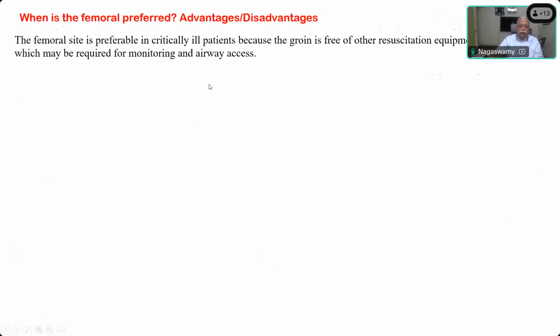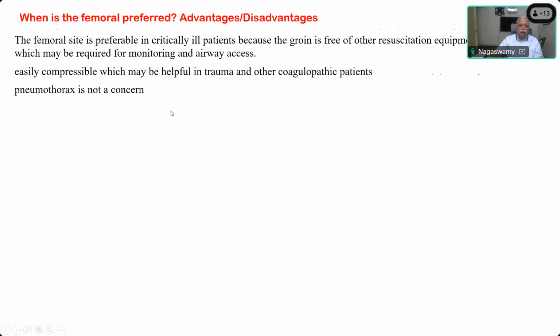You will find difficulty in accessing the veins either peripherally, IJV will be very difficult, even supraclavicular will be difficult. In those patients, femoral will be the ideal site for resuscitation purpose as well as for monitoring also. And it is easily compressible and helpful in trauma and other coagulopathic patients.